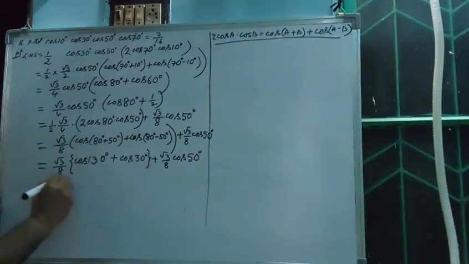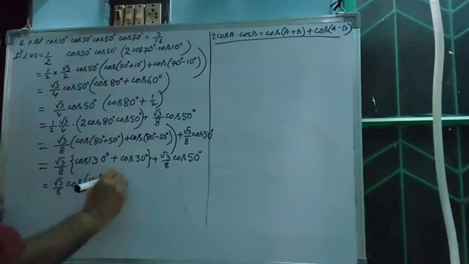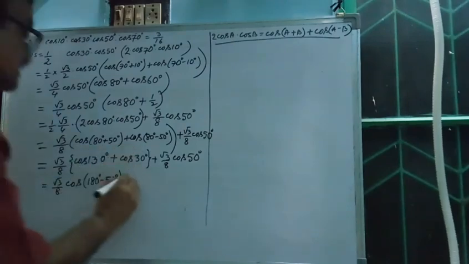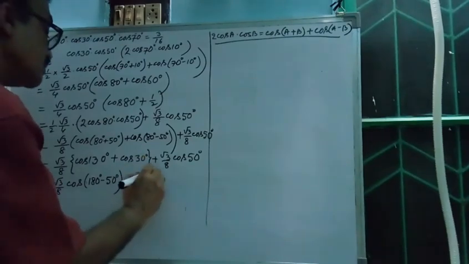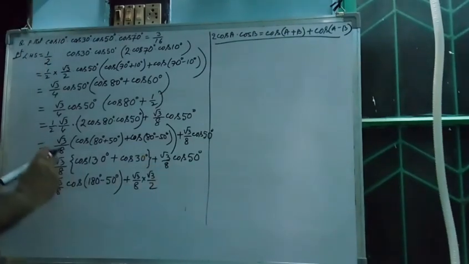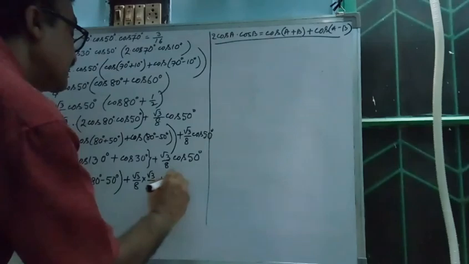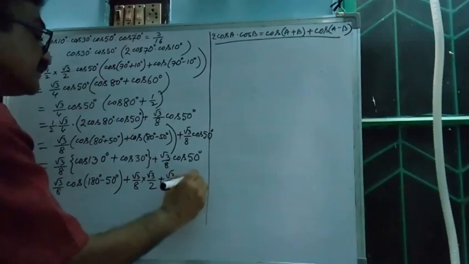So √3/8 into cos 130 means cos of 180 minus 50, right? √3/8 into cos 130 plus √3/8 into cos 30, और cos 30 का वैल्यू √3/2, plus √3/8 cos 50 degree.